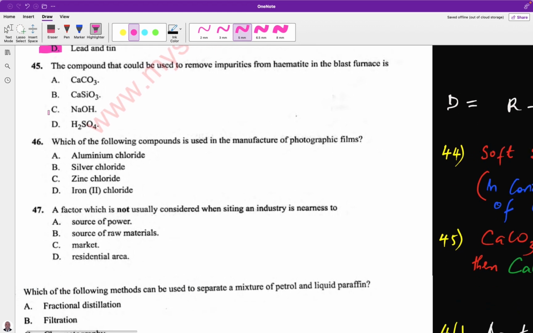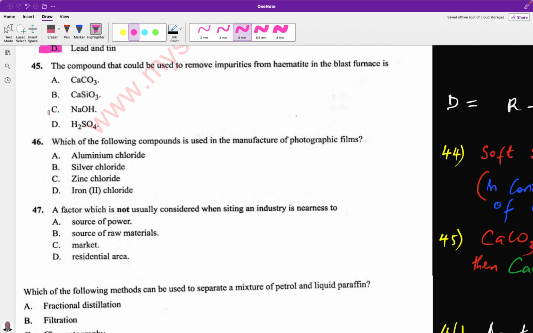45. The compound that could be used to remove impurities from hematite in the blast furnace is calcium carbonate. First of all, in the blast furnace, when we are extracting iron, the impurity there is silicon dioxide.